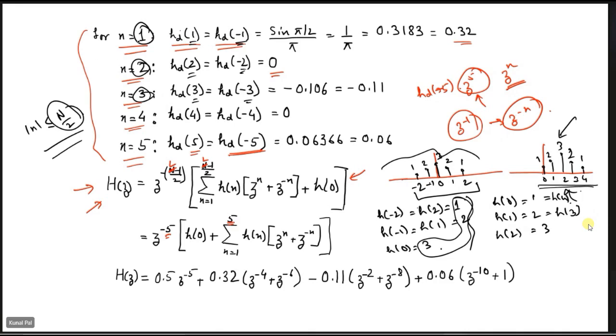So once you find the hd(n) values and then shift the time axis of the hd(n) values, you get the actual transfer function of the desired system. Accordingly, we get the values over here. Now, this is the transfer function of the given system.